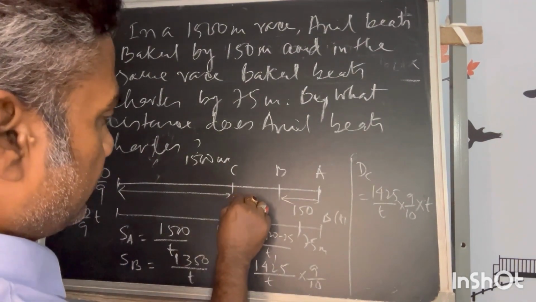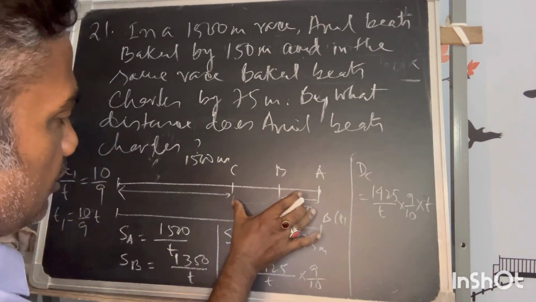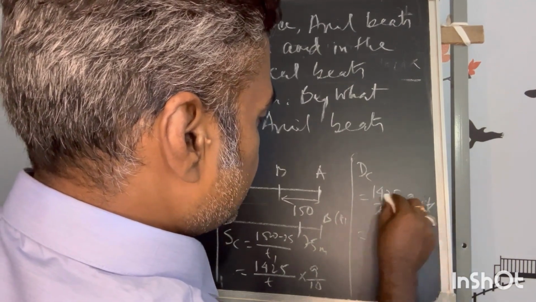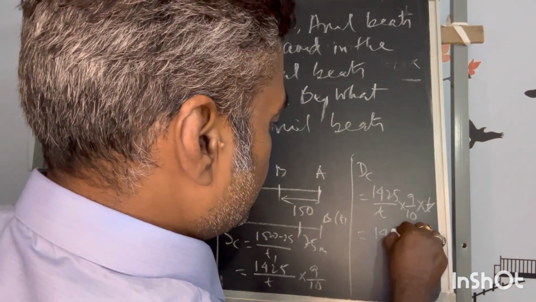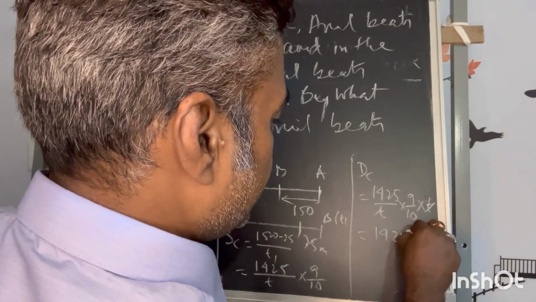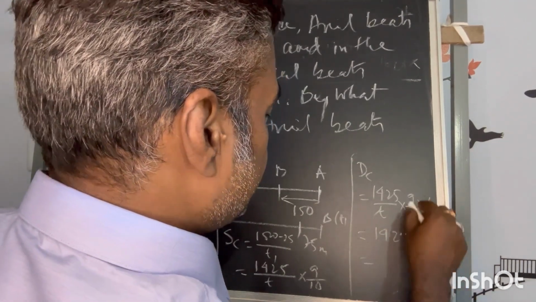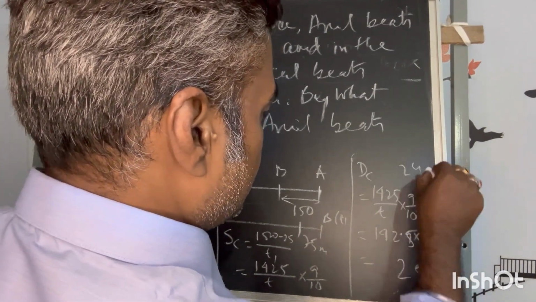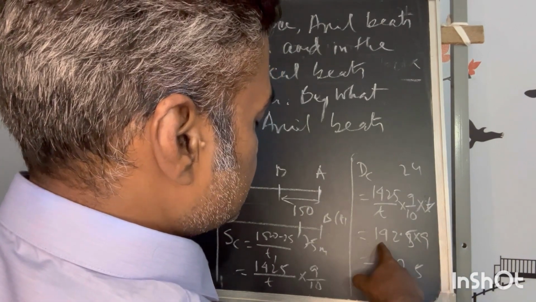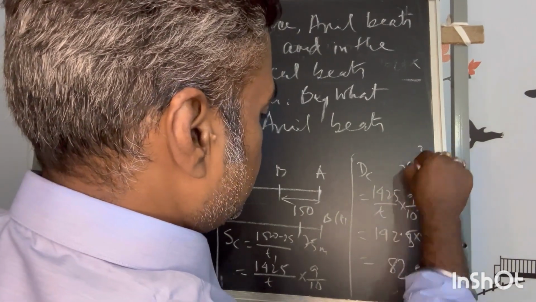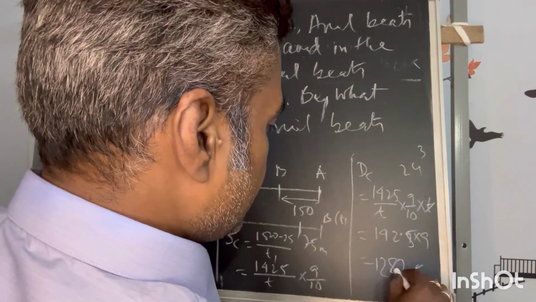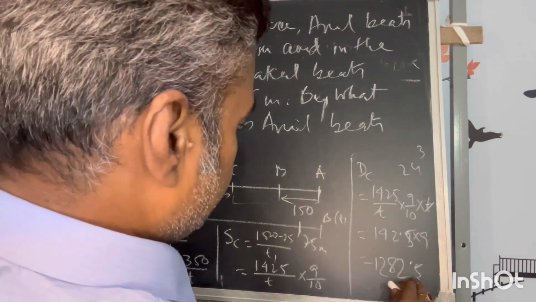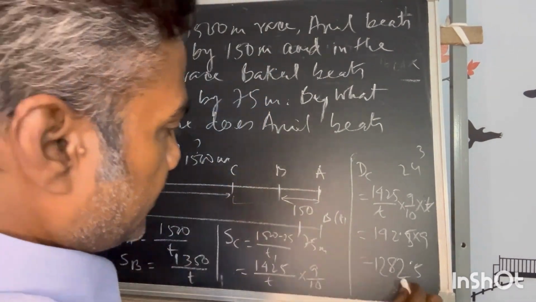So the remaining will be the trailing length, how far behind he is from Anil. So t is cancelled out. This is equal to 142.5 into 9, which is 1282.5, this much he has covered.